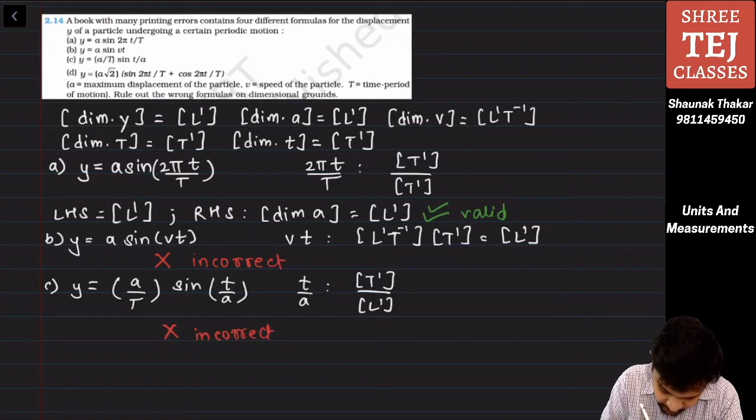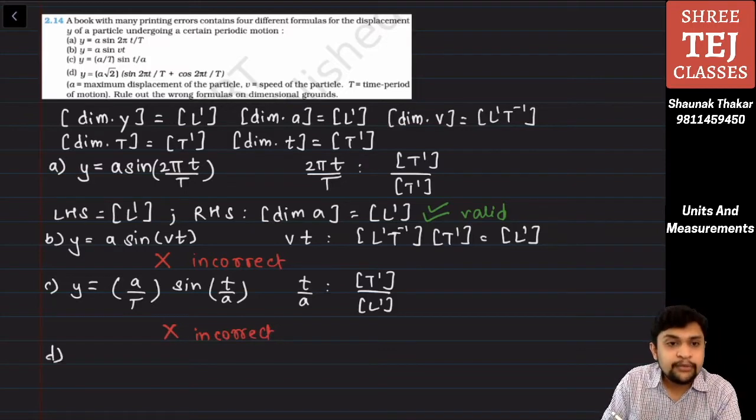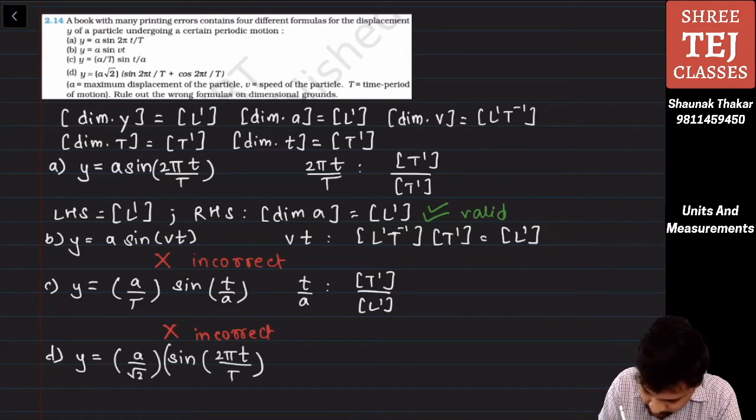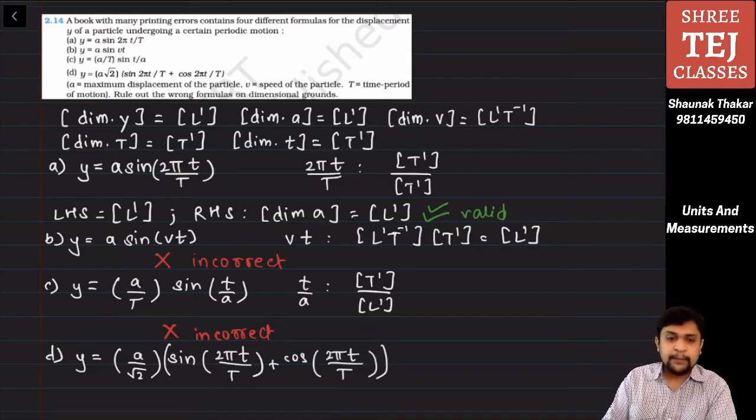And what is the fourth one? Fourth one we have y is equal to A upon root 2 sine of 2 pi t upon T plus cos of 2 pi t upon T. Okay.